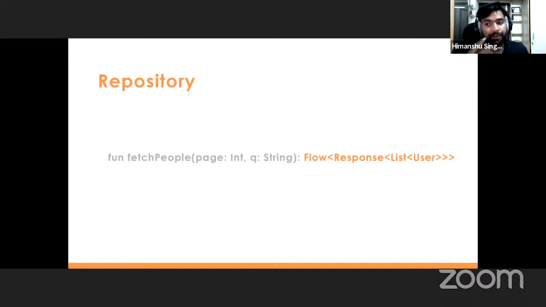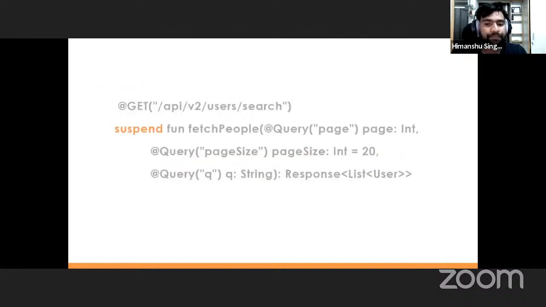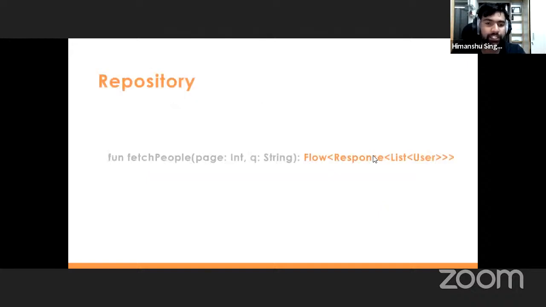Now, in the repository, you have to create a function fetchPeople. You can see page size, I have given a default value of 20 here. So in the repository, I create a function fetchPeople where I pass the page, like what page number of data I want, and the query string which I want to pass. Now, the return value here is Flow, and we have again the response of a list of users.